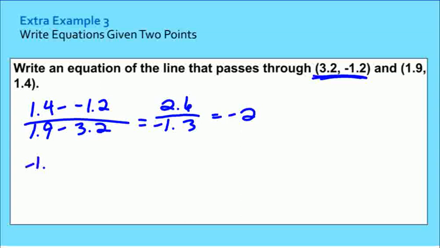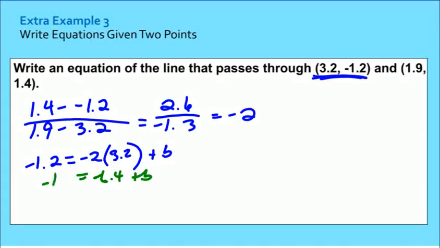So my y coordinate is negative 1.2 equals my slope of negative 2, and my x is 3.2, plus b. So negative 2 times 3.2 gives us negative 6.4, plus b equals negative 1.2.